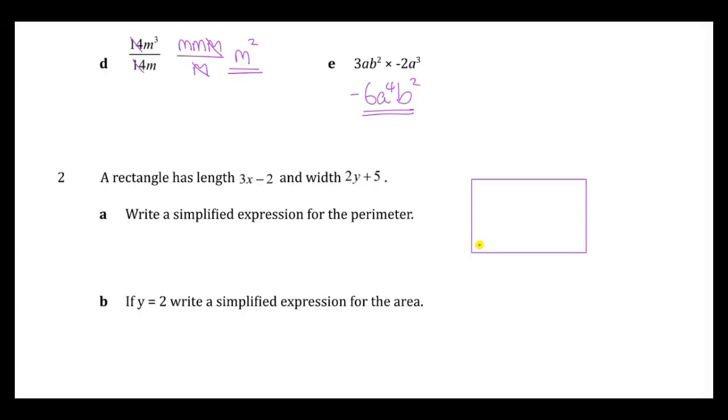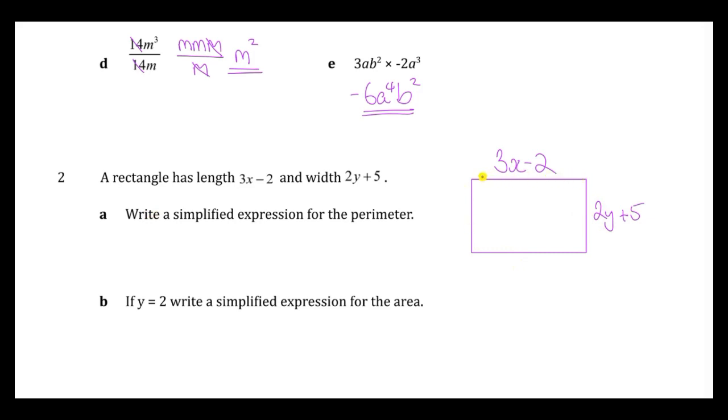For question 2, the rectangle has a length of 3x minus 2 and a width of 2y plus 5. The perimeter is all the way around this rectangle. So I have two 3x minus 2's, and I have two 2y plus 5's.